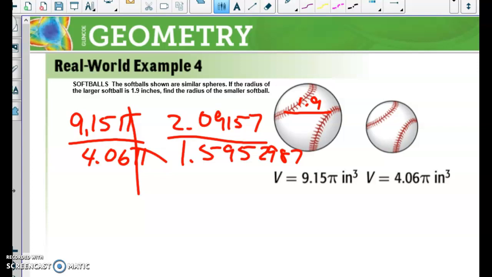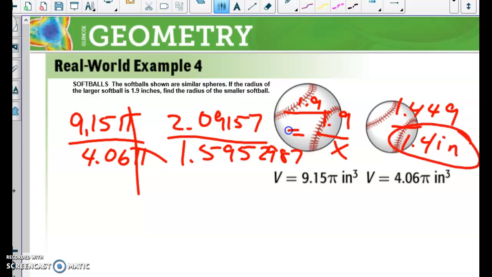Alright, so then if we know that ratio, then we're going to set it equal to 1.9 and find that. So I'm going to take 1.9 times 1.5952987 equals, then divide that by 2.09157, and I get that the radius of the smaller one is 1.449, so rounded to the nearest tenth, it would be 1.4 inches.